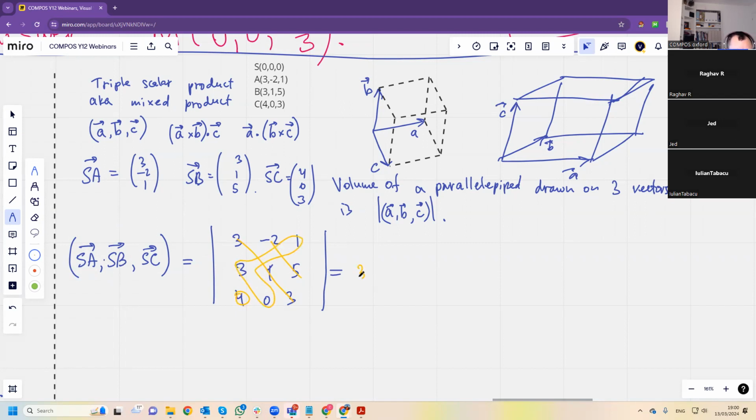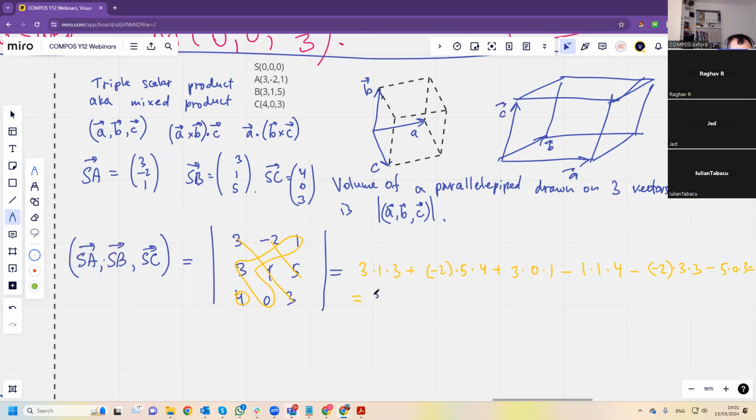So it's going to be 3 times 1 times 3 plus (-2) times 5 times 4 plus 3 times 0 times 1, minus 1 times 1 times 4, minus 2 times 3 times 3, and minus 5 times 0 times 3.